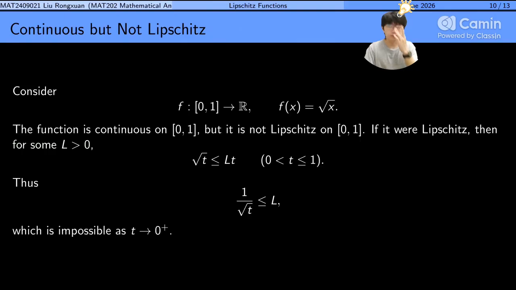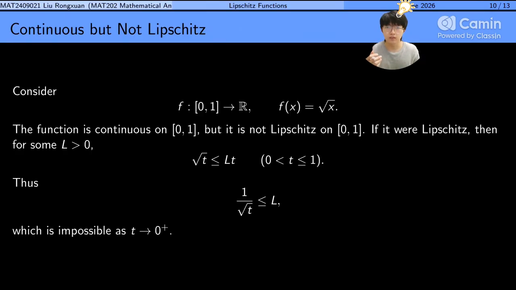Here's the counterexample: a function that is continuous but not Lipschitz. We consider a function f from the interval 0 to 1 to R, where f(x) is equal to the square root of x.